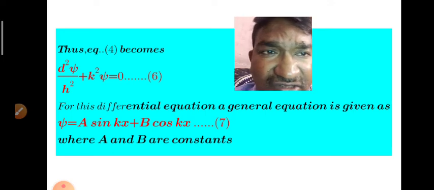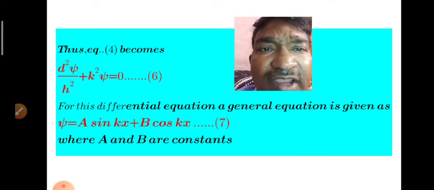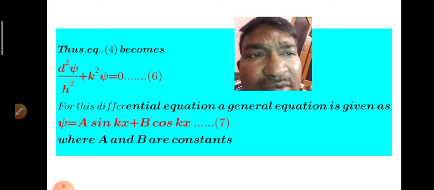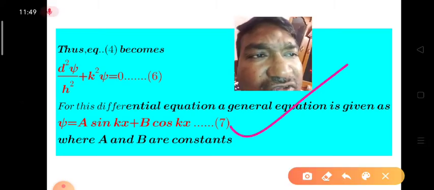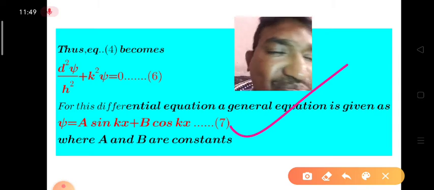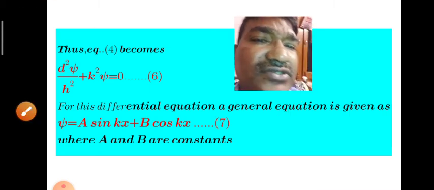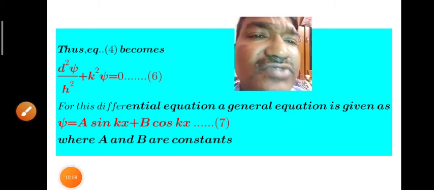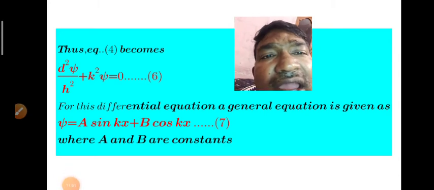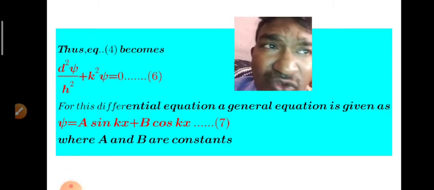So this is a differential equation now. For this differential equation we get a solution in the form of equation 7, that is psi is equal to a sin kx plus b cos kx. Here a, b and k are constants.